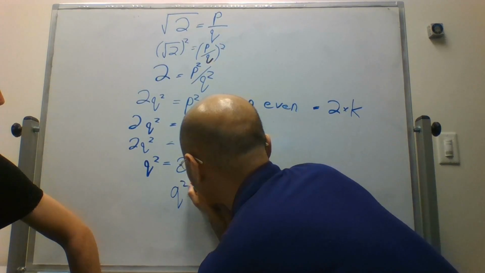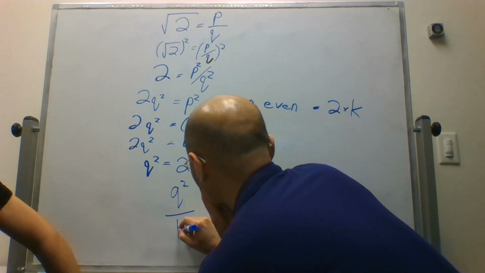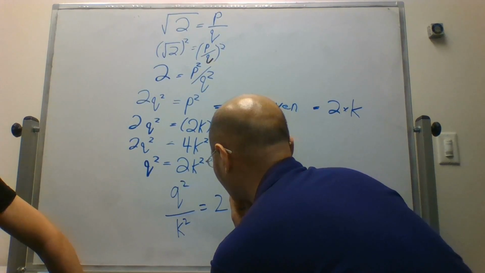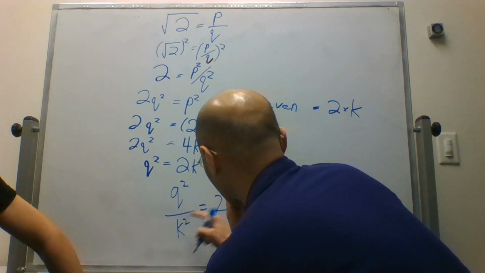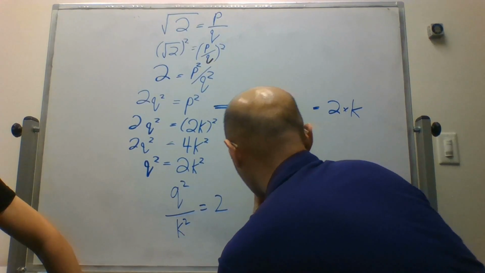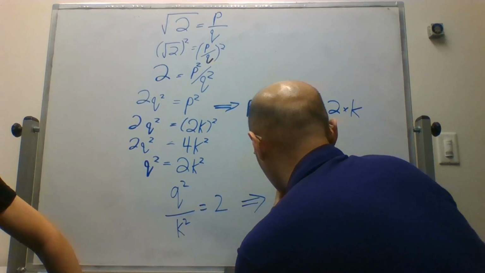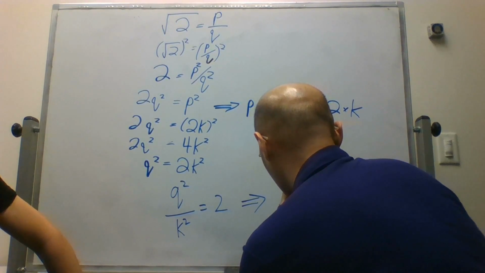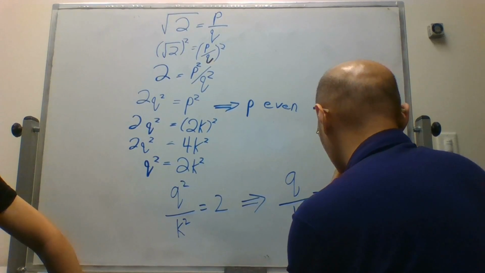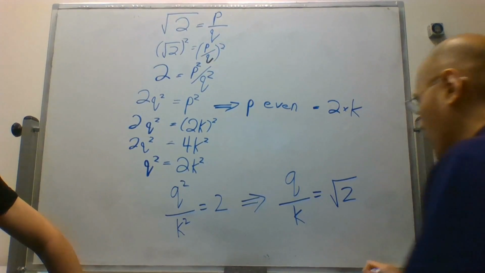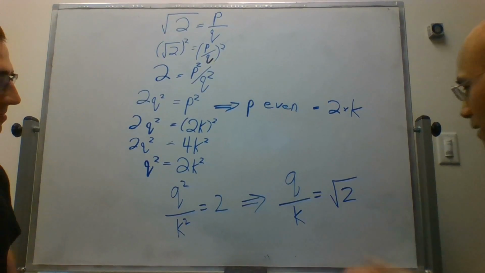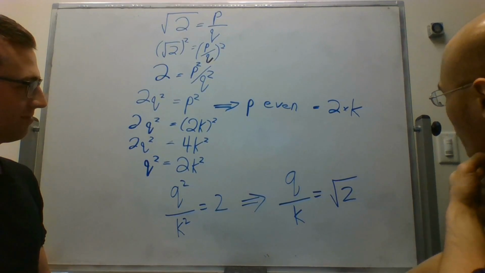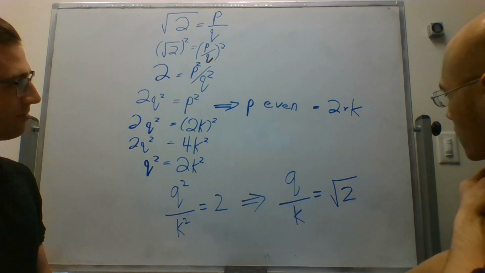Q squared divided by K squared is equal to 2. Now, if I take the square root of both sides, I get Q over K is equal to the square root of 2. Now, is that a problem? Let me think. Okay, so we know that K is some integer.